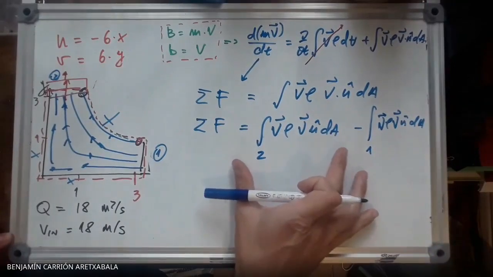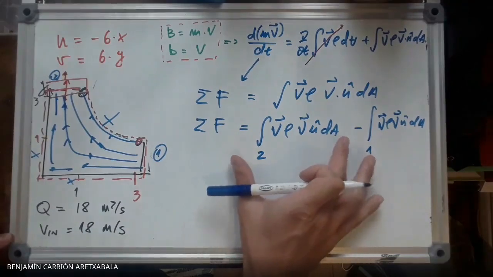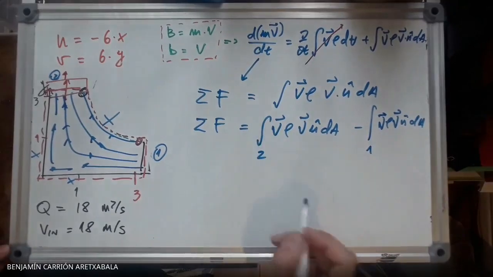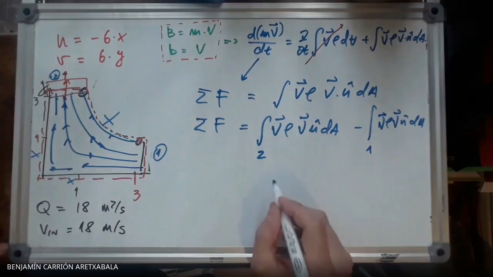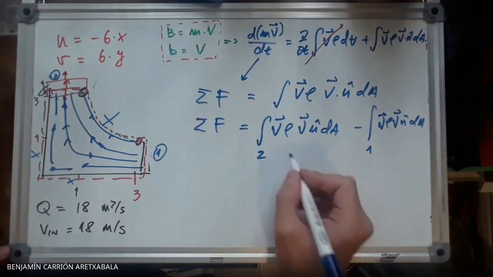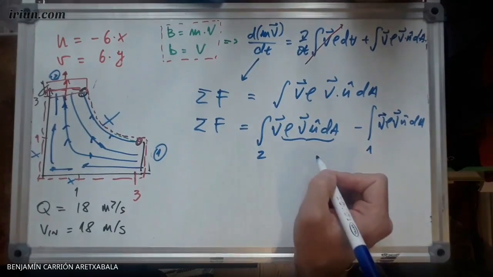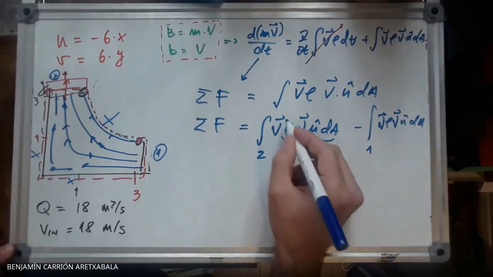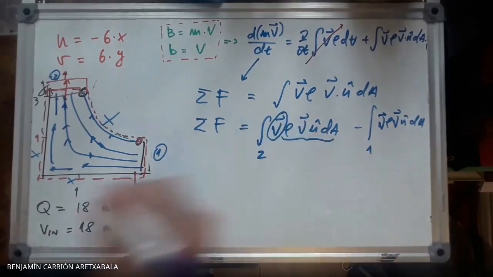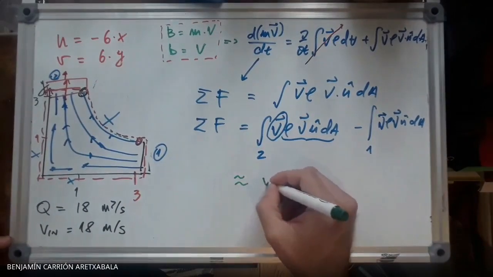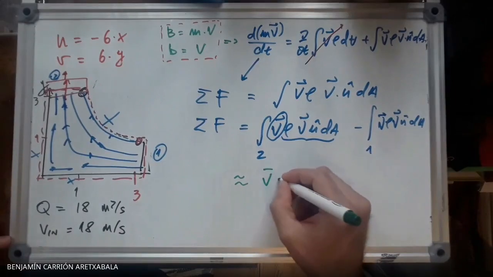In this case, it's not the same as before, in which we said the definition of mean velocity was very useful. So now what we can do is we can cheat a bit. So we can say, okay, this part of the integral looks pretty similar to what we did before, right? So instead of integrating all the velocity, let's replace that with the average velocity. So let's take the average velocity and then this integral.